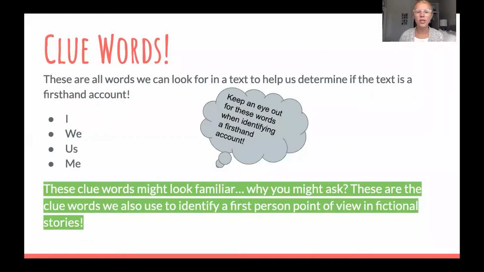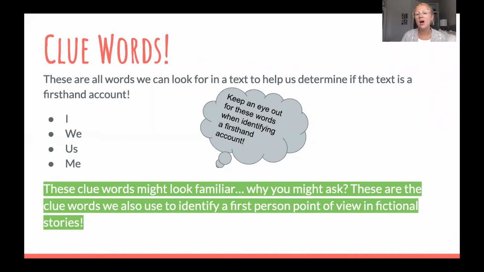These are some clue words that we can look for when we are looking to see if a text is a firsthand account. These words are I, we, us, and me. These clue words might look familiar. Why, you might ask? These are clue words we also use to identify a first-person point of view in fictional stories.